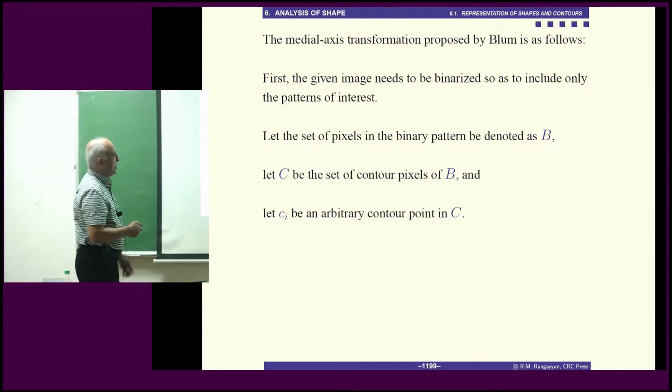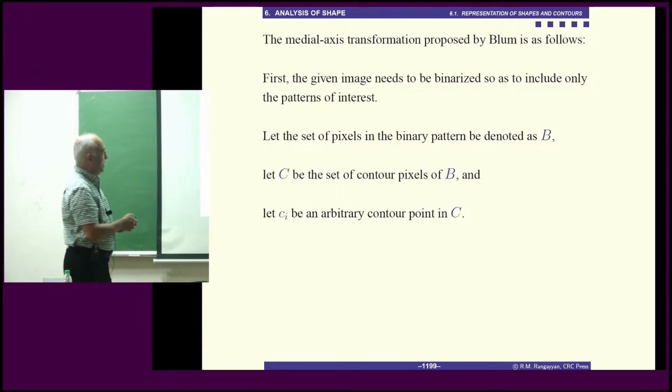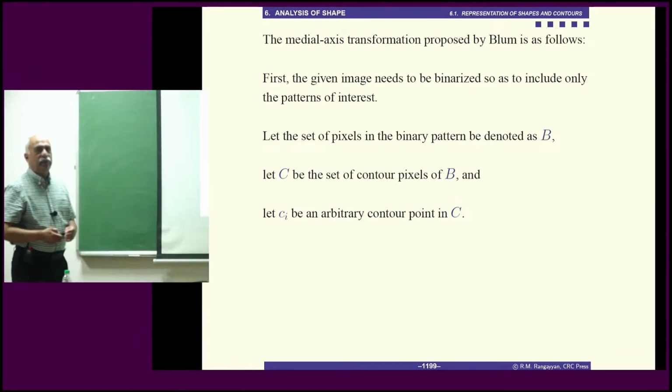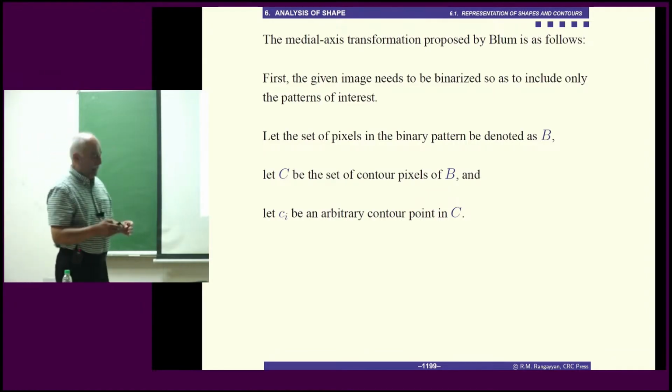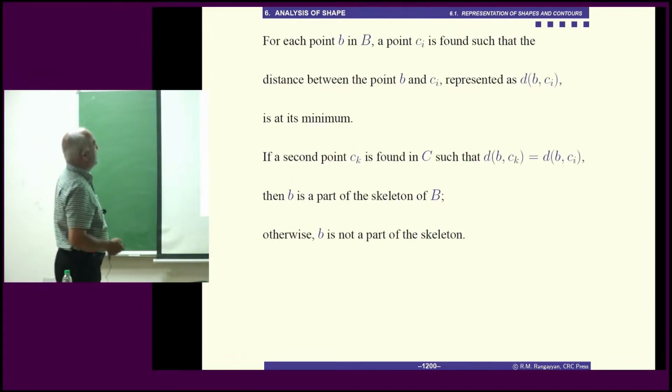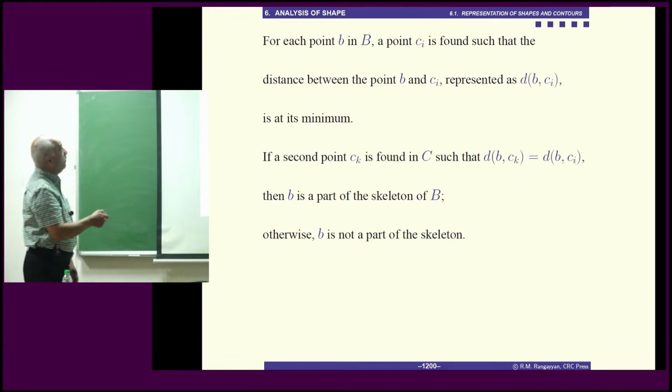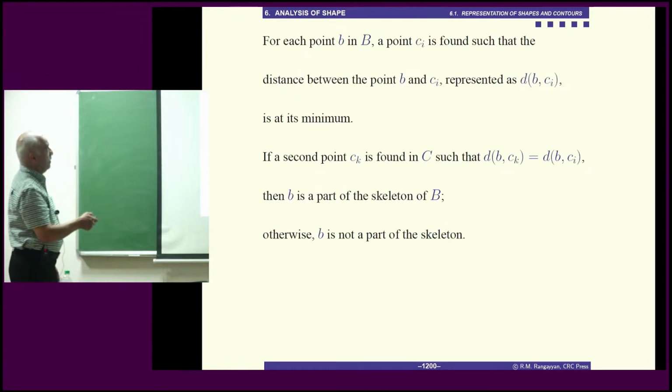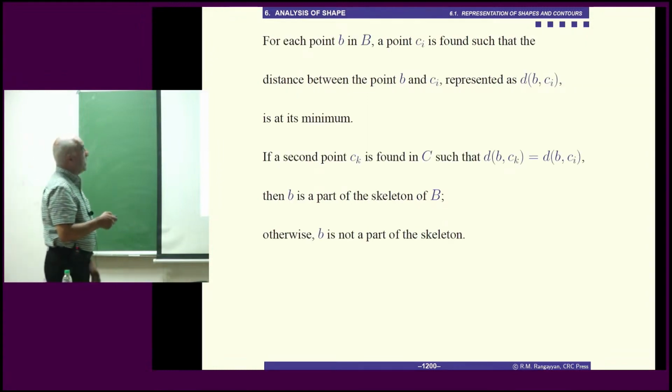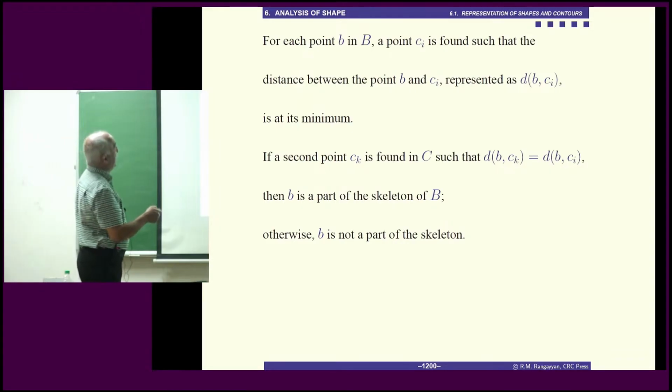Let C be the set of the contour pixels of B, and let Ci be an arbitrary contour point. So you want to remove all points that satisfy certain conditions. For each point B in that object, capital B, a point Ci is found such that the distance between the point B and Ci, d(B, Ci), is at its minimum.